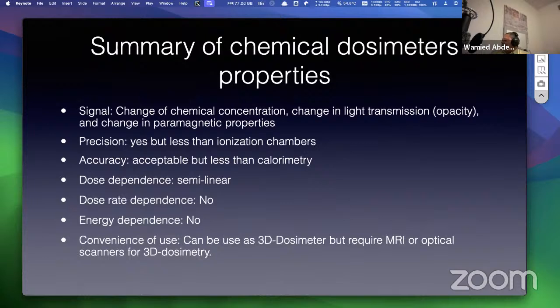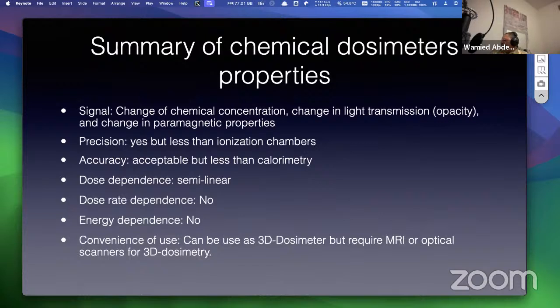So we can measure the change in this opacity, and that will be our signal. Or it could be a change in some paramagnetic properties, so maybe some relaxation times change. I have no experience with Fricke dosimetry with MRI, but if something changes because of those, then that is a signal. Whichever path you want to use, that would be the dosimetric signal.